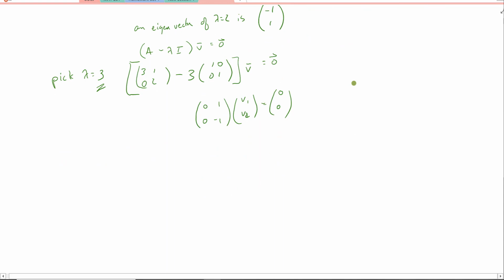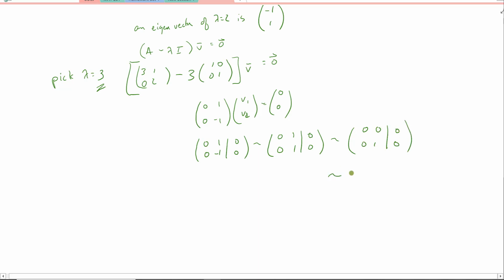When we put this into RREF form, we take 0, 1 adjoined with 0, and 0, negative 1 adjoined with 0. There's not a whole lot we can do. We could divide the second row by negative 1, which gives us 0, 1, 0. And then multiply negative 1 times row 2 and add it to row 1, which gives us 0, 0, 0, and 0, 1, 0.